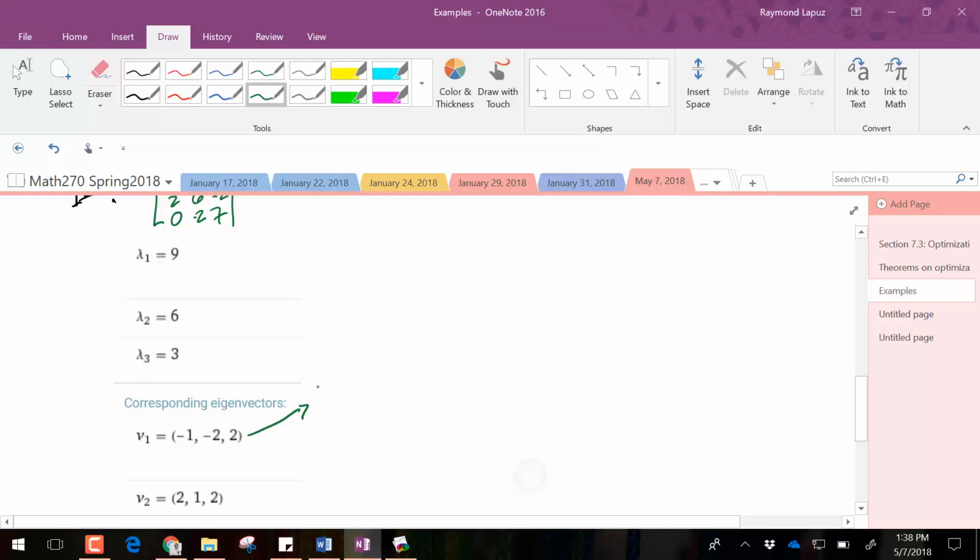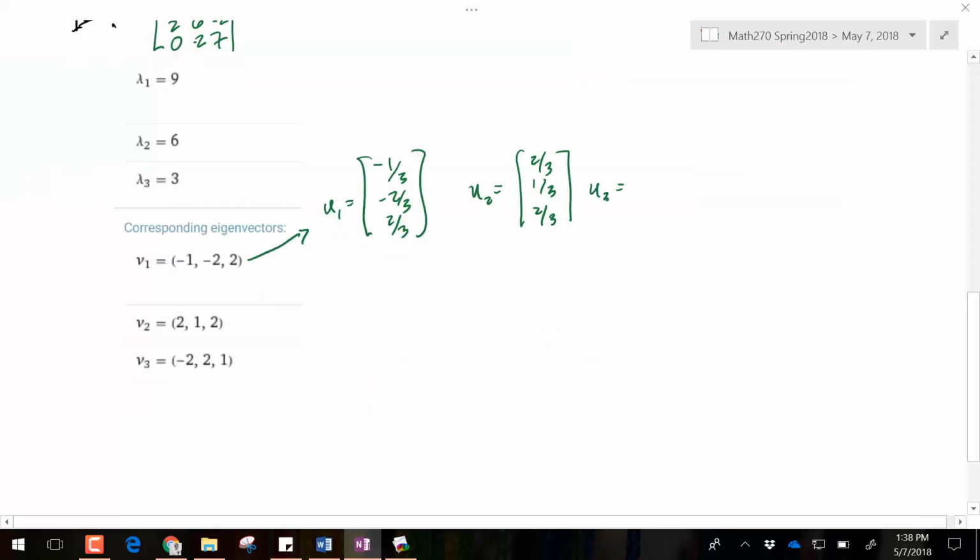So the unit vector U1 is going to be 1/3, -2/3, 2/3. U2 is going to be 2/3, 1/3, 2/3, and then U3 is going to be -2/3, 2/3, 1/3.